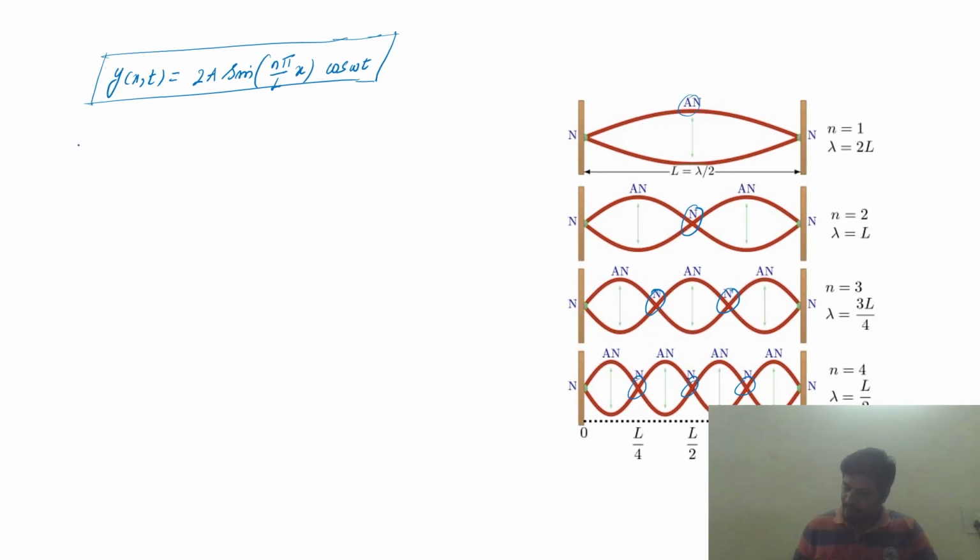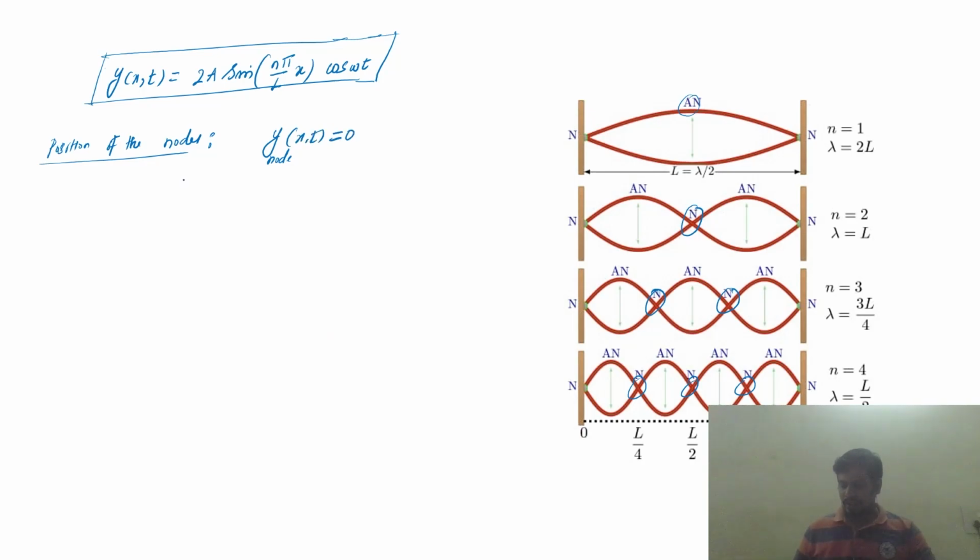Now you can find the position of the nodes first. To find the positions of the nodes, the amplitude goes to 0. That means at node points, the amplitude goes to 0.